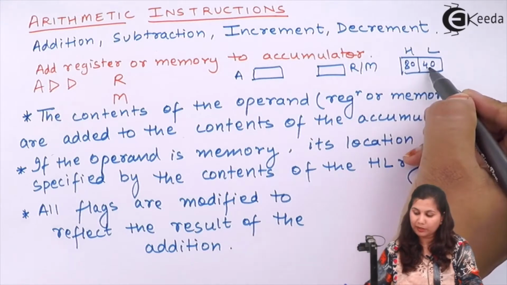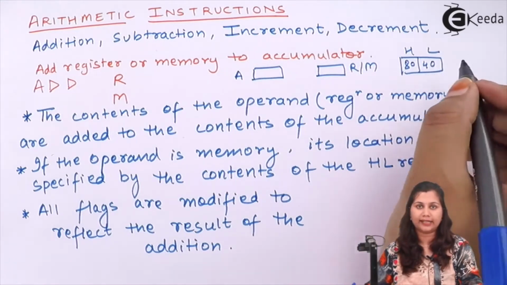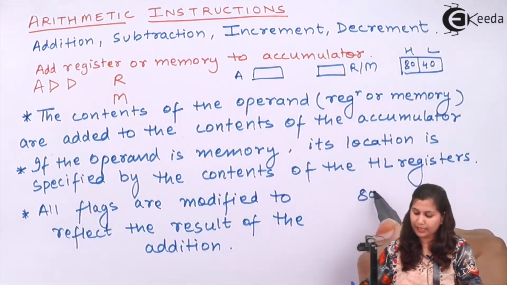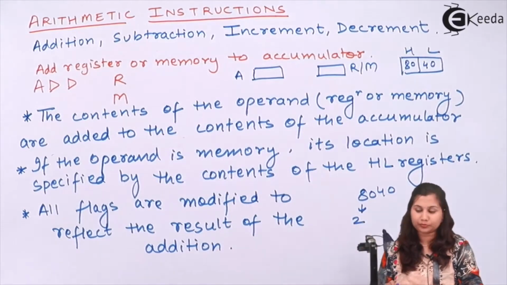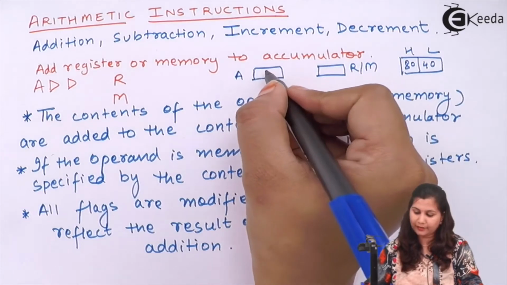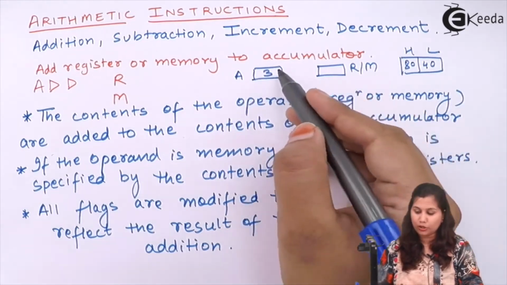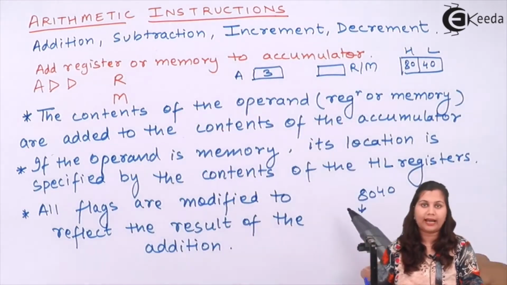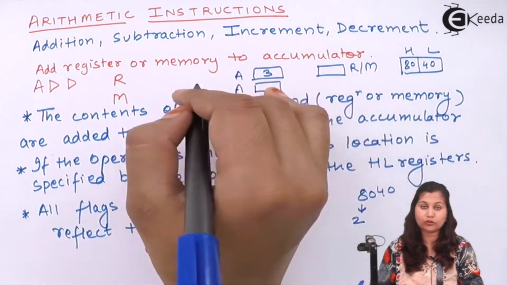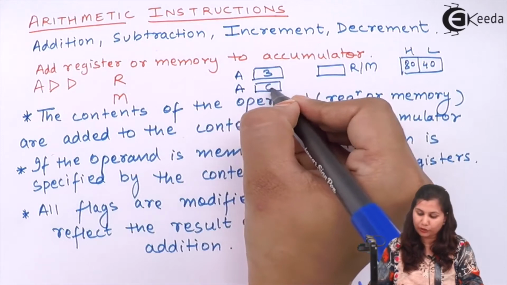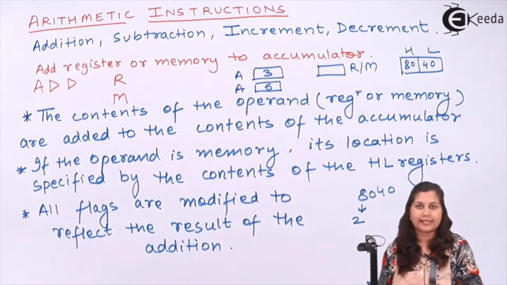So at this memory location, the second data will be stored. Suppose at 8040 we have 2. So this 2 and the accumulator is having 3. So 3 and 2 are added up and the result of the operation will be stored in the accumulator itself. So accumulator will have 6 here.